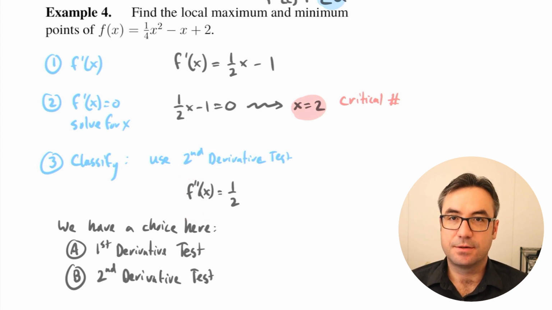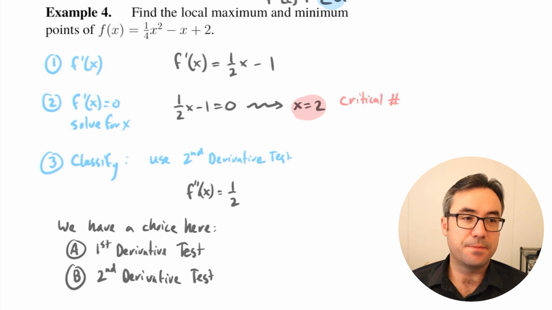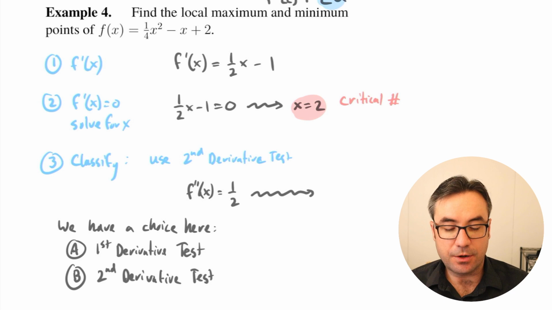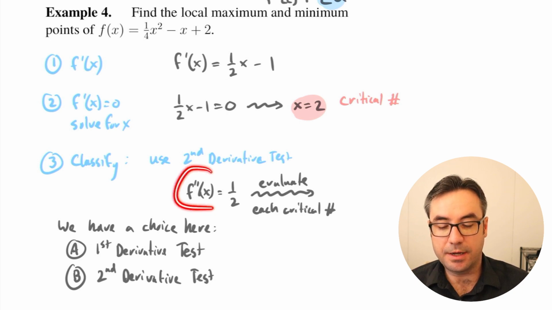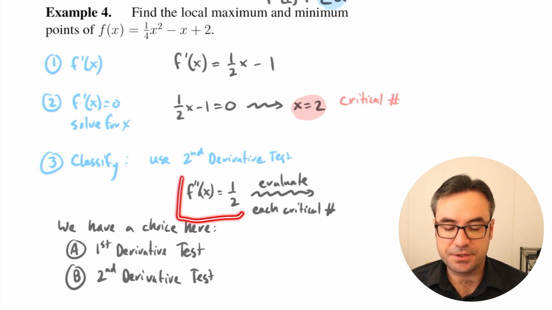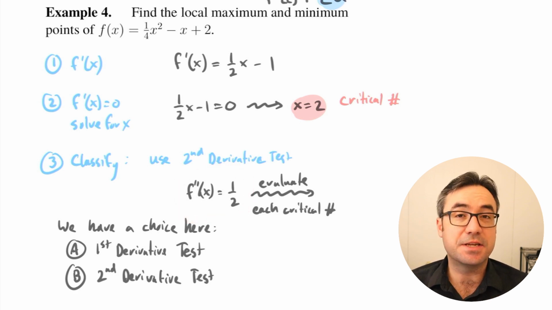And when we have our second derivative, what we need to do is evaluate each of our critical numbers. So we're going to take each critical number that we have and plug it into this formula for our second derivative. Now, in this example, this is a more basic function, so this second derivative is just a constant function.